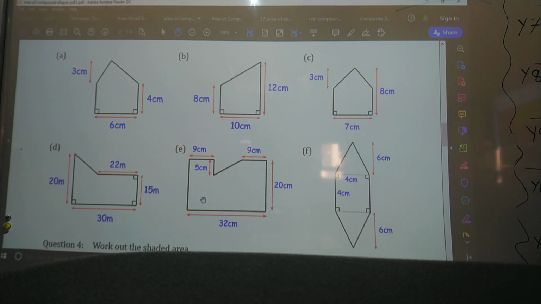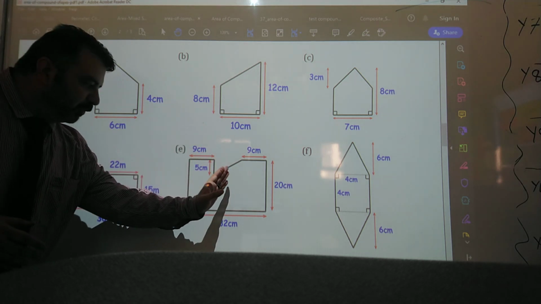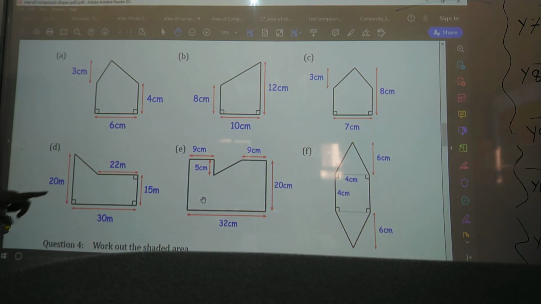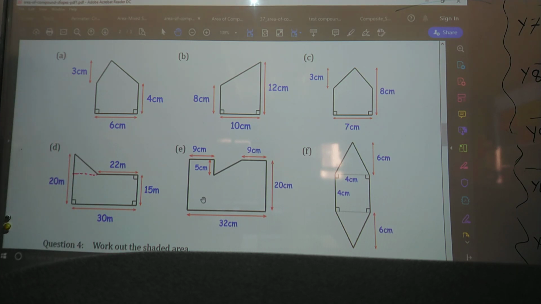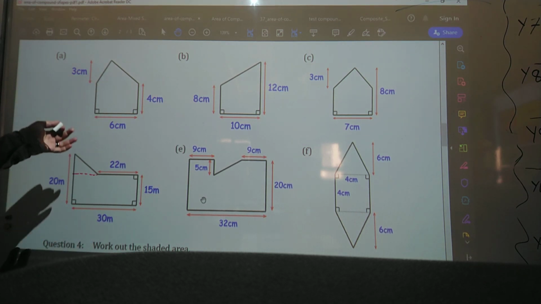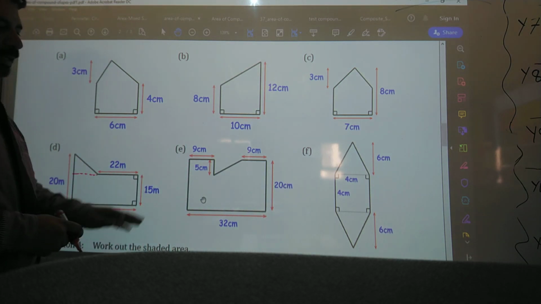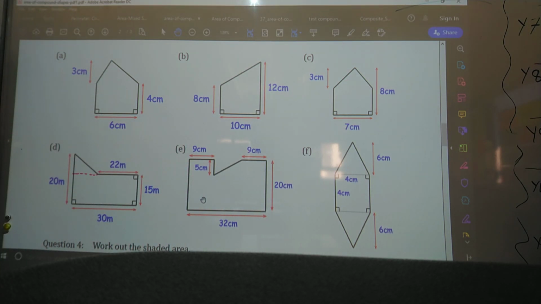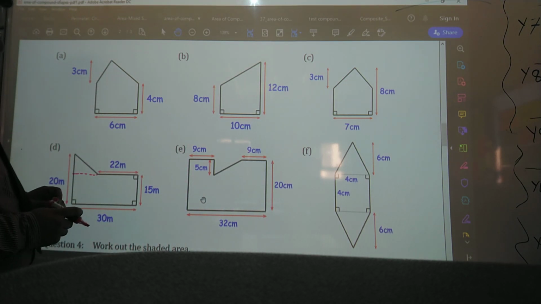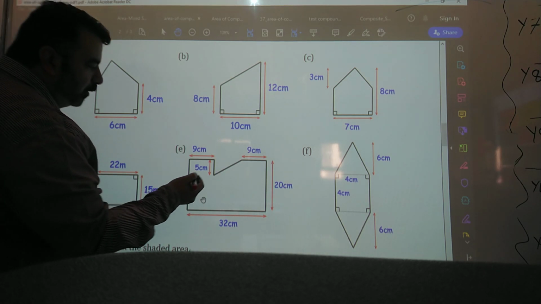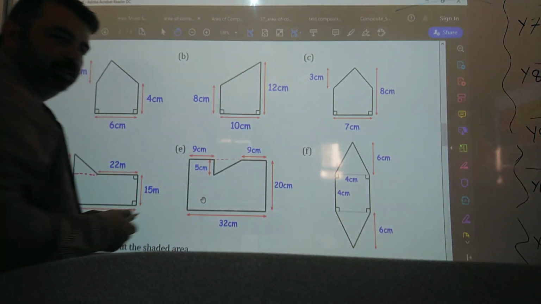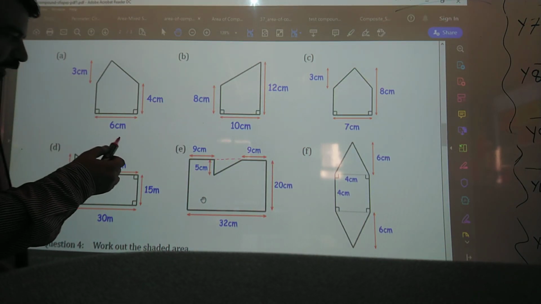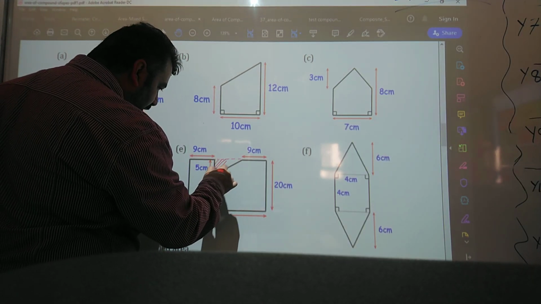Okay, now, what's the difference between this question and this question? As you can see, this one I can split, break it into two shapes, which is normal. Same as this, no problem. But this one, that's the one that needs a lot of work. Now, what I will do, if I break it like this, it will be the whole thing, 32 times 20, minus this part.